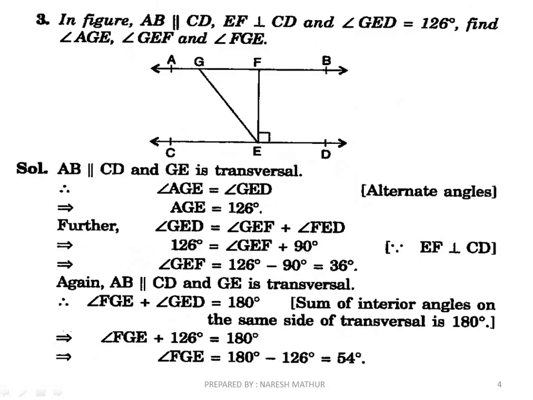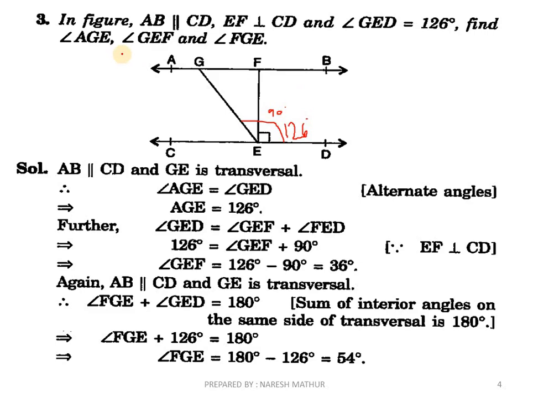Alright, now in the third question we are given angle GED equals 126 degrees, and EF is perpendicular to CD, so this angle is 90 degrees.